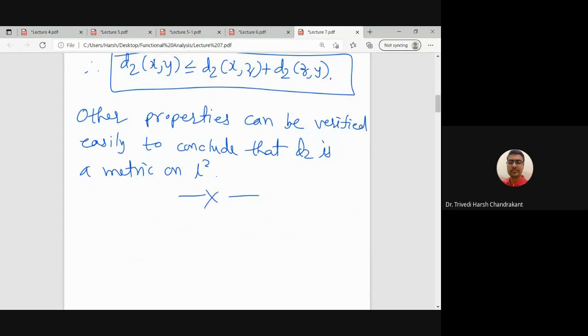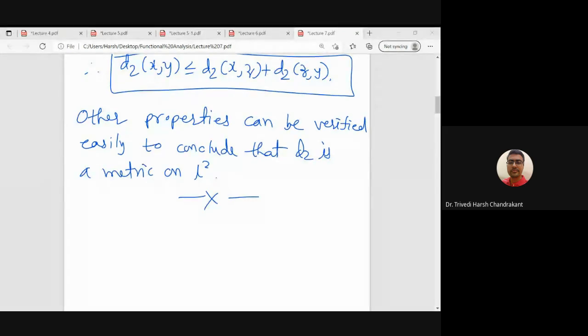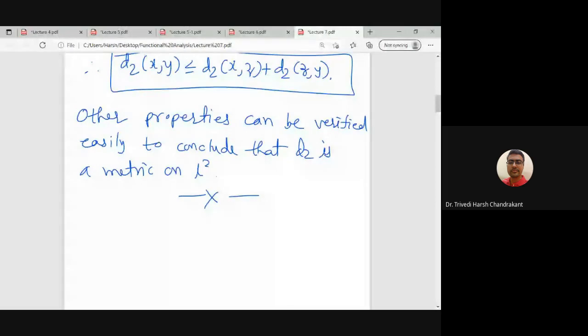So these are the three examples. d2 is a metric on L2, d infinity is a metric on L infinity, and d1 is a metric on L1. So L1, L2, and L infinity are metric spaces.